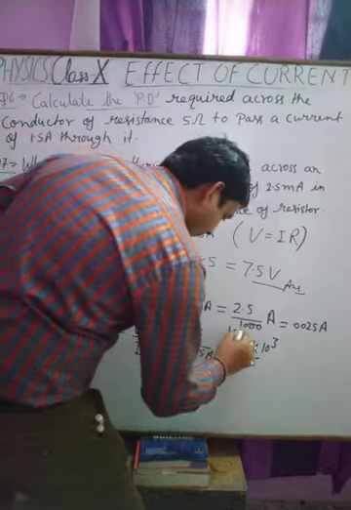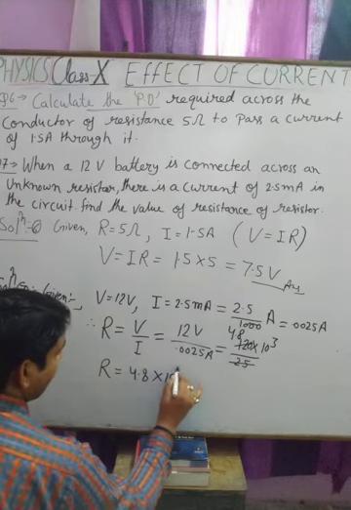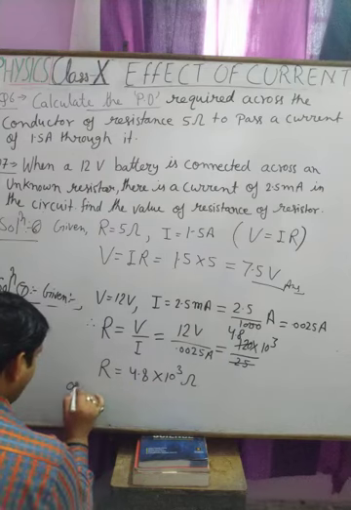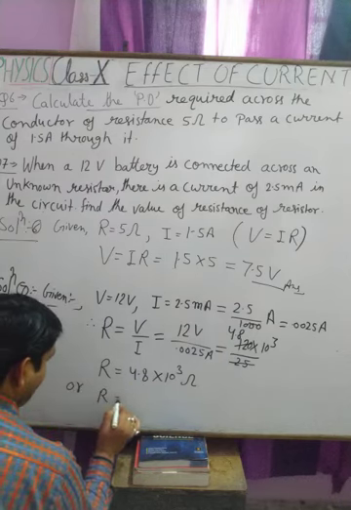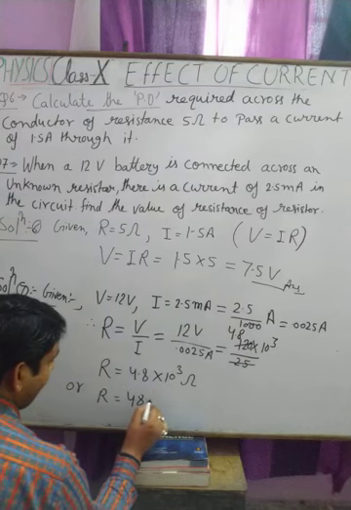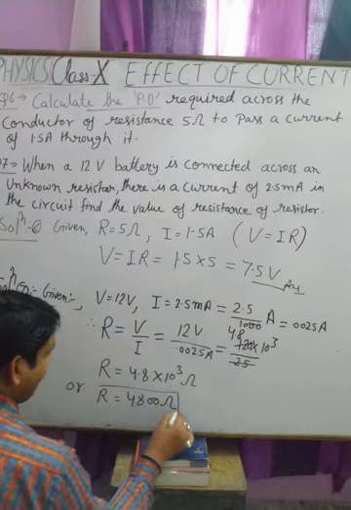That is the value of resistance is 4.8 into 10 to the power 3 ohm, or we can write this value R by multiplying by 1000 as 4800 ohm. This is the resistance of that unknown resistor. Okay, copy these two solutions.